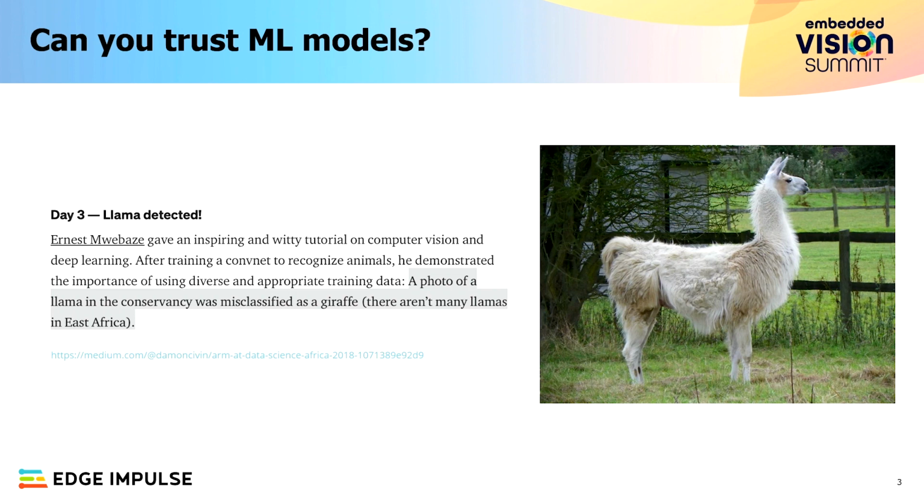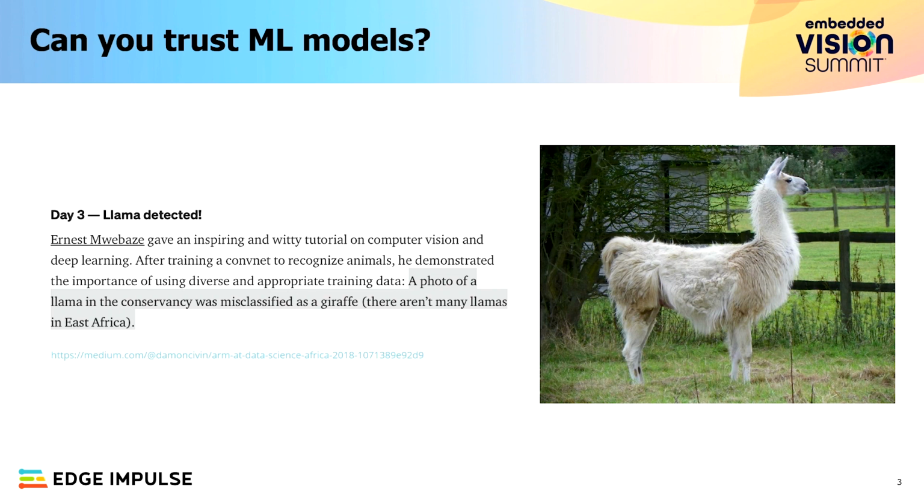And I didn't know a lot about the conservatory, but I did very much know that there were no giraffes out there. And the reason was we trained a model on Eastern African animals, but they actually had a llama in the conservatory. True story. There's a blog post from Damon Sivin about all of that. And that's often a problem, right, that we have when we're building computer vision models.